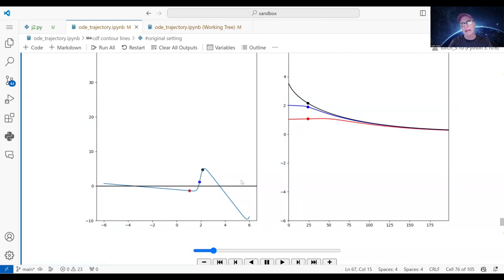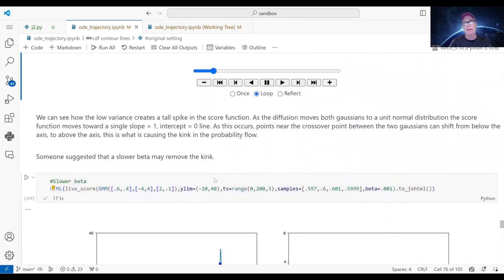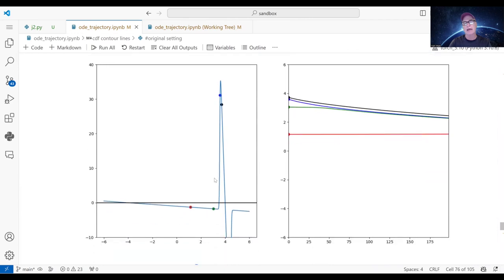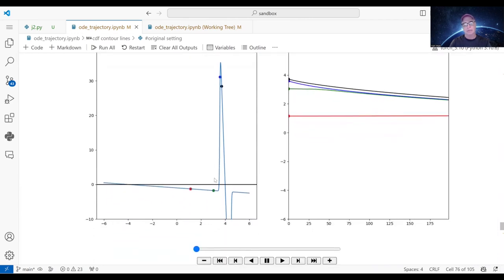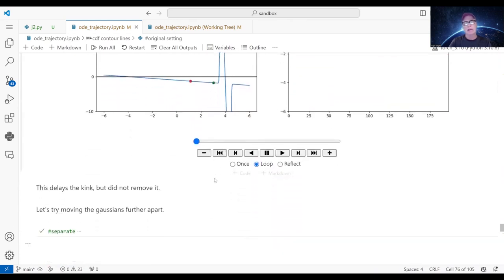So that explains this kink, and the kink is a real thing. It took a while to get there, but it occurs because of that asymmetric variance between the two modes in the bimodal distribution.